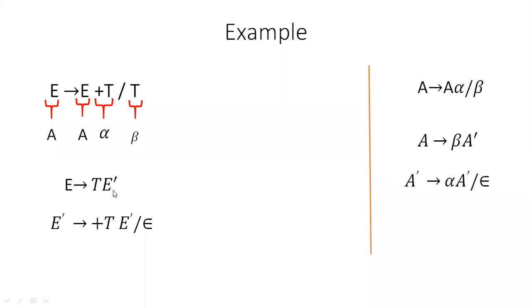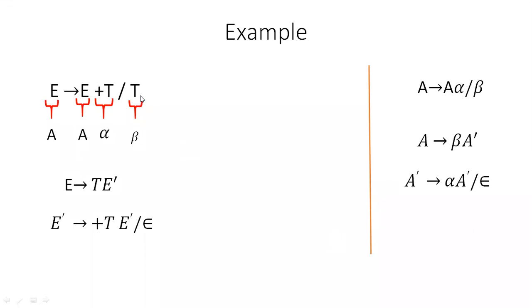Then what is the final grammar? E tends to T E dash, E dash tends to plus T E dash or epsilon. And after eliminating the left recursion for T tends to T star F or F, the grammar is T tends to F T dash, and T dash is a new variable. Now I need to define the rule for that: T dash tends to star F T dash or epsilon.